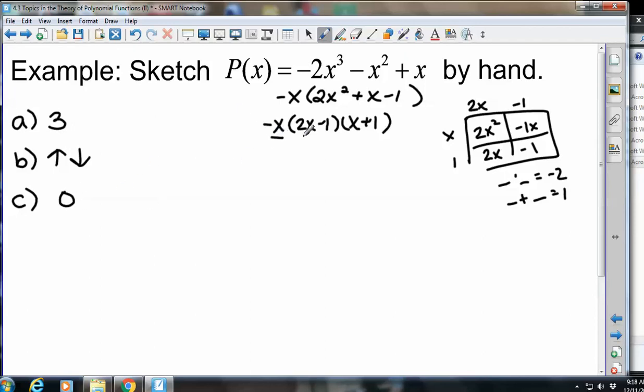Okay, so what would make x 0? 0. What makes 2x minus 1 zero? And x plus 1. Negative 1. So once we get it factored, we can find our zeros. Any questions so far?